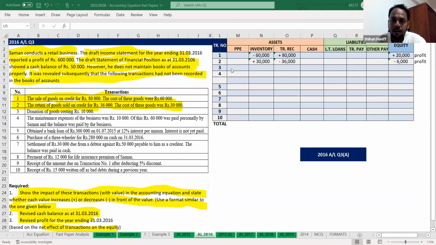This is return inwards. Sales return means return inwards.